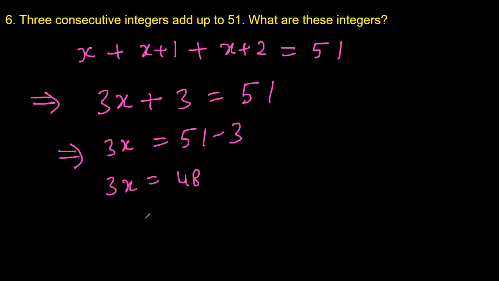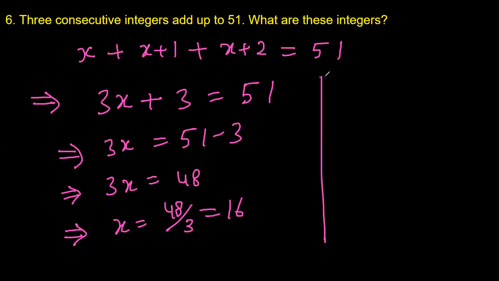So dividing both sides by 3, this implies x is going to be 48 divided by 3, 16. So if your x is 16, therefore the numbers are, in place of x, we can write 16 only.